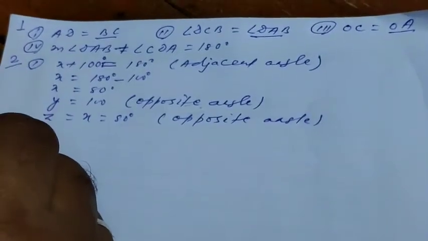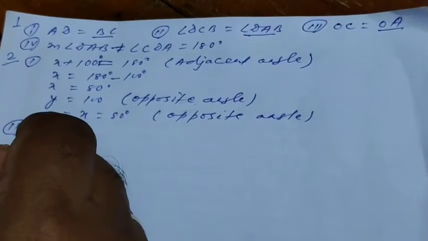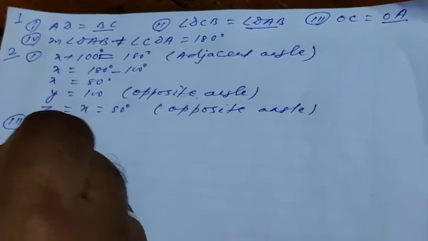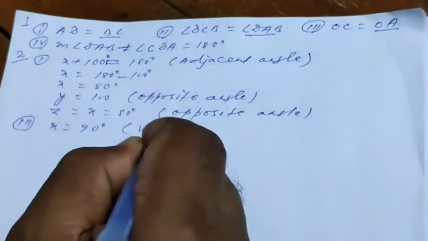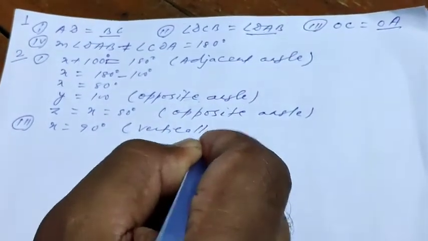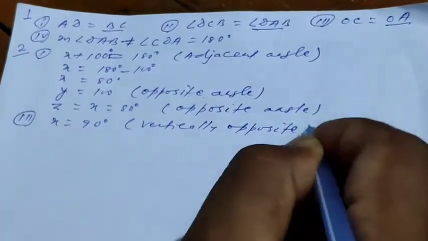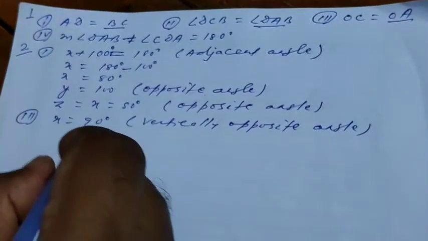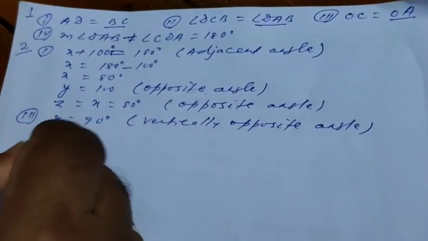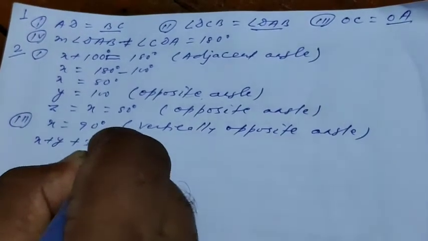Now we come to the third question. x is equal to 90 degree, since it is a vertically opposite angle, and we know that vertically opposite angles are equal. x plus y plus 30 degree is equal to 180 degree.